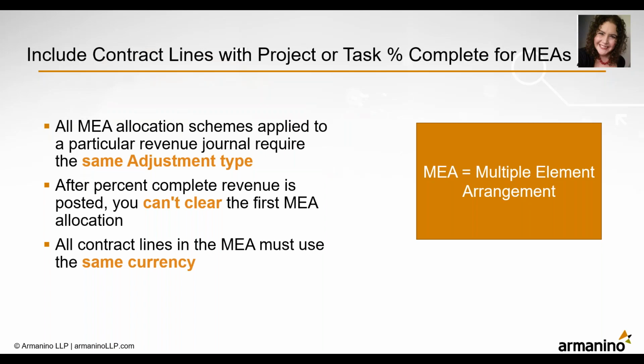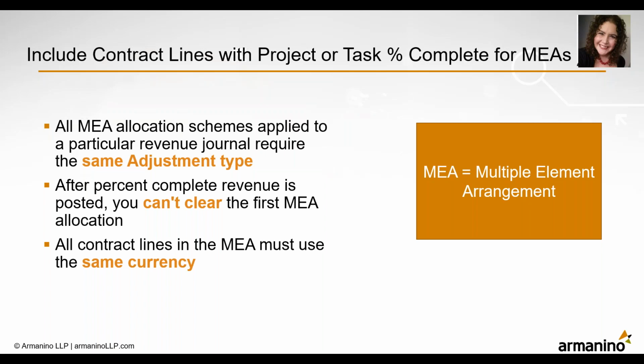Previously you needed to manually calculate the MEA allocations that included these types of contract lines. Now you can include the project and task percentage complete on the contract lines with the MEA allocation scheme. That way Sage Intacct will automatically allocate the total bundle contract value between the participating contract lines when that percentage complete is triggered.